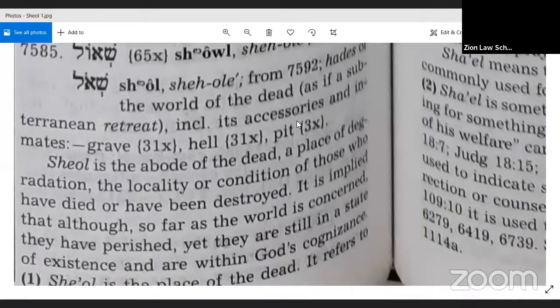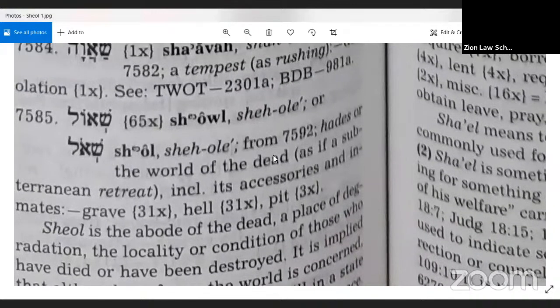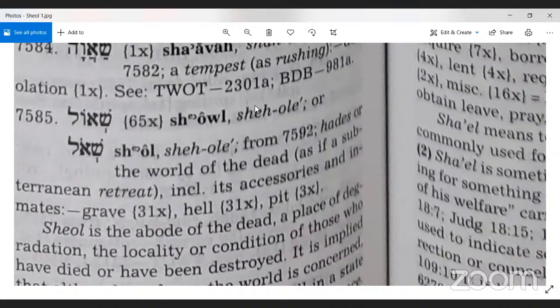So now let's apply that definition. Okay, it says here, Hades, or the world of the dead, as a subterranean retreat. Oh, wait. I'm confused, y'all. Okay, so we were on 7585? Is that what we were at? No, we're on 7592. Yes.